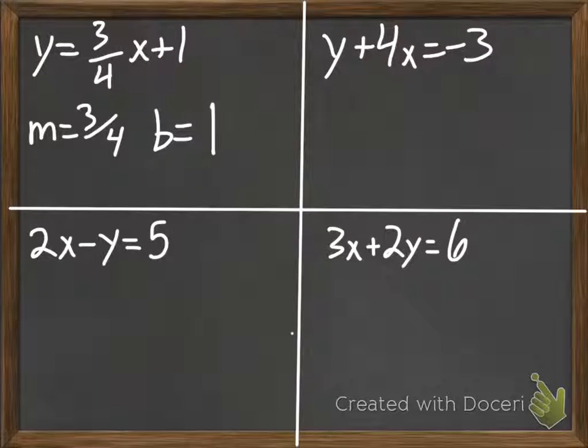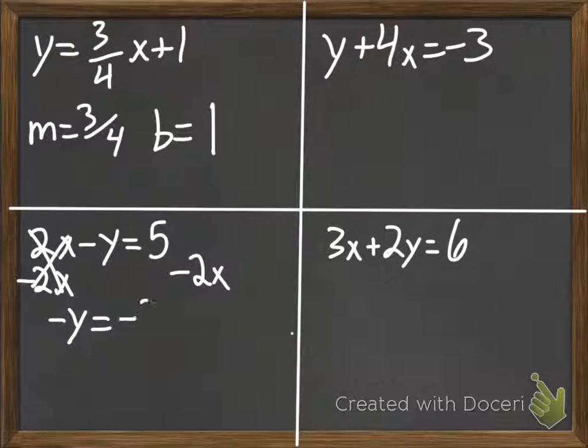So the first thing to do, move this 2x. And again, it's a positive 2x, so we're going to subtract 2x. We're still doing the opposite. We're not going to line up our 5 and our minus 2x. These cancel, and we're just going to rewrite. So negative y equals -2x plus 5.